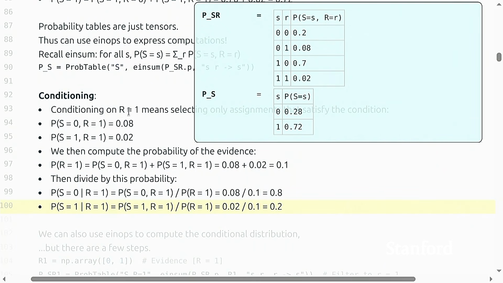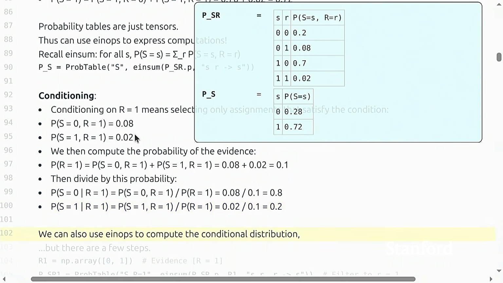First select based on the evidence, so I look at only the assignments that matter. But these are really low probabilities because the probability of rain itself is small. So when you condition, you're dividing by the evidence. Even if the probability of evidence is small, you're blowing up these probabilities so that they sum to 1.